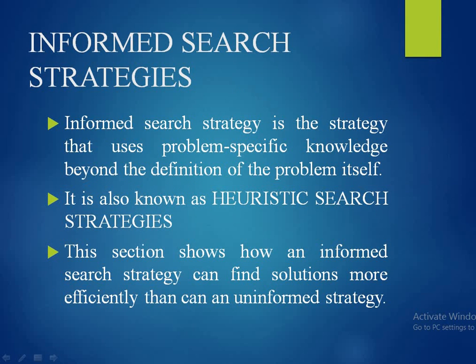The informed search strategy is the strategy that uses problem-specific knowledge beyond the definition of the problem itself. It is also known as the heuristic search strategy. This section shows how an informed search strategy can find solutions more efficiently than an uninformed search strategy.